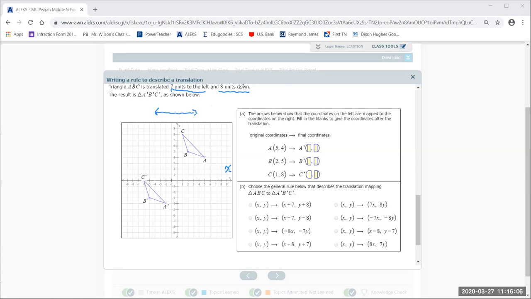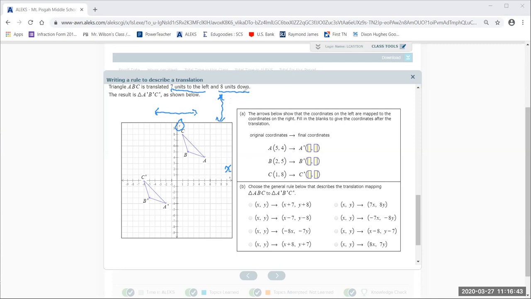And if I move up and down, what axis does that correspond to? The Y. So left and right corresponds to the X, or horizontal change. Up and down corresponds to the Y, or vertical change. So just get that in your mind.